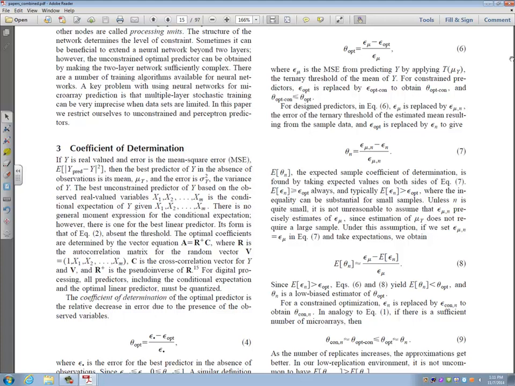Based on that, I will calculate the COD. So the ones which have high CODs are the good ones. This method is basically a statistical method. There's no cause and effect here. You just look at the numbers, and based on that you make predictions about which genes are likely to be related to which ones. And there was experimental data that went into this paper.